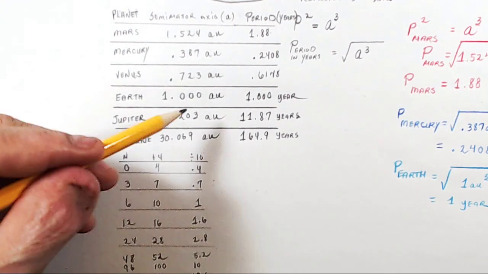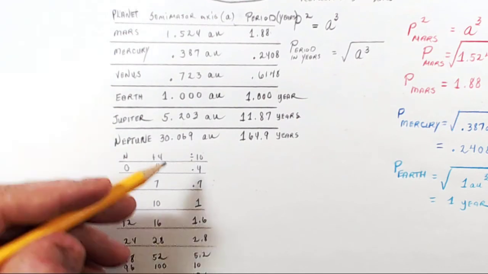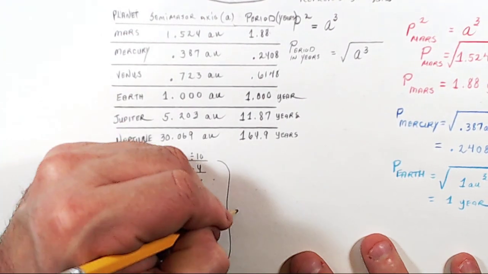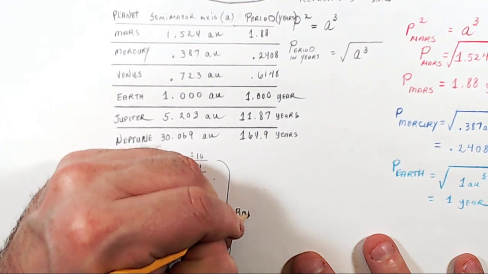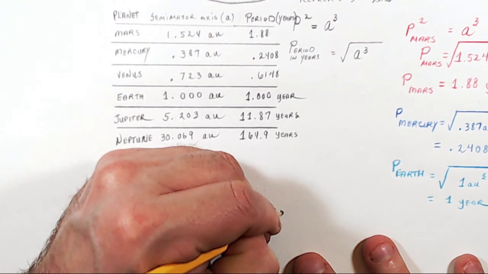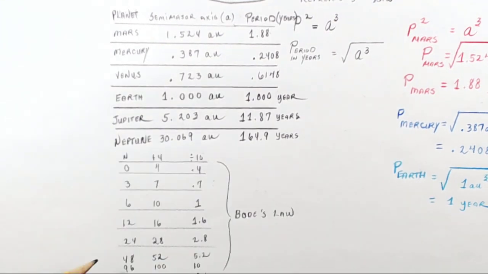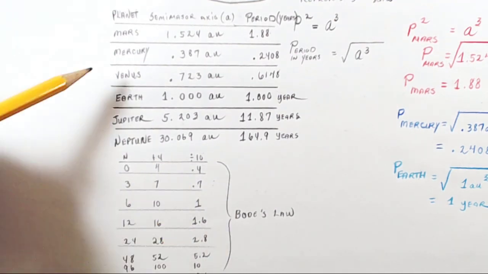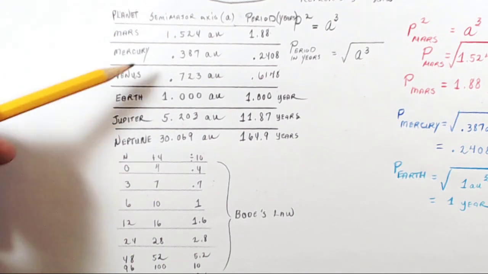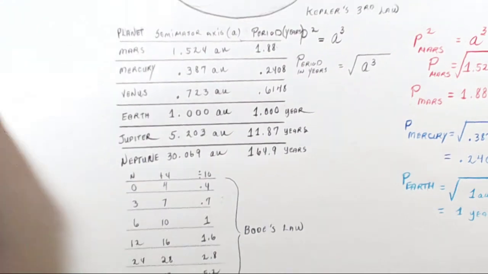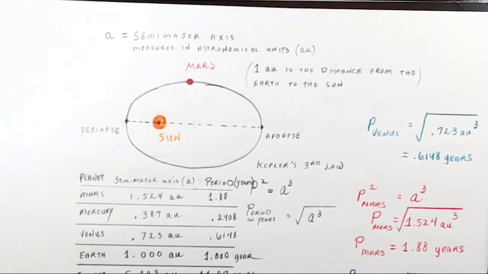Well, anyway, the point of Bode's law is that this is called Bode's law, by the way. And it's not an exact match, but it's interesting that just doing that little sequence, adding 4 and dividing by 10 gives us a very close approximation of the semi-major axes of the planetary orbits in our solar system.